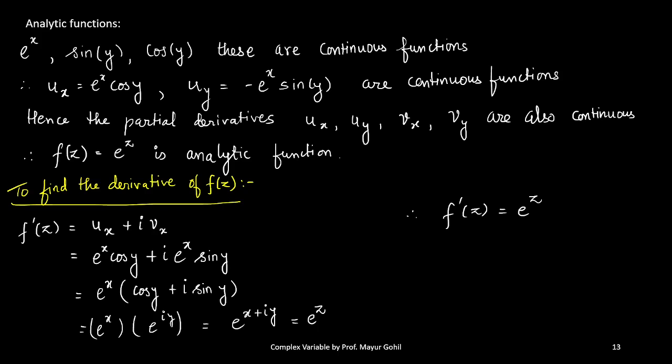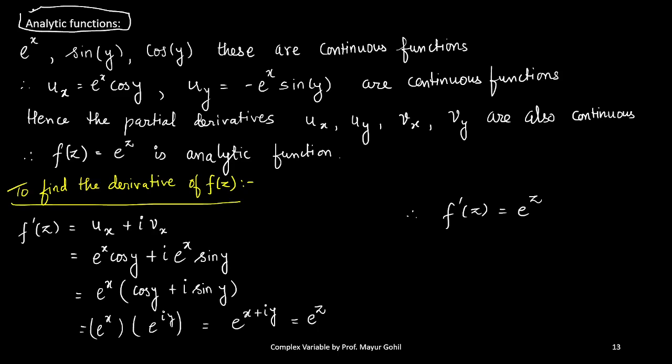Now I'll see you with another example of similar kind with slightly more complexity. Try to understand the argument the way we are tackling it. This is under the heading of analytic functions.